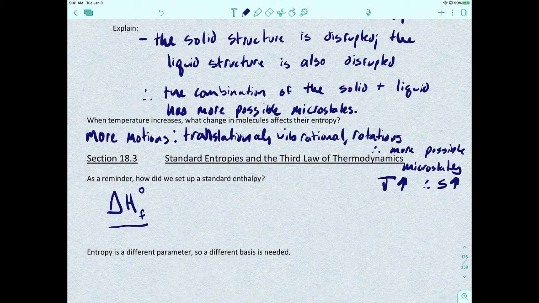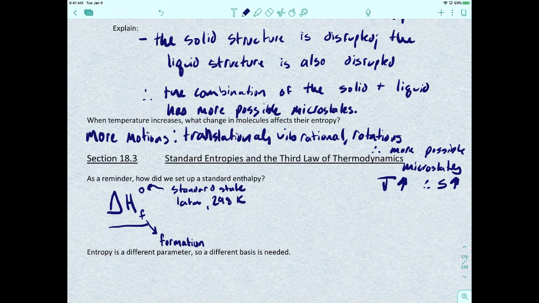Now the subscript, that f, stands for formation. And the superscript, that bubble, which indicates the knot, indicates standard state. So that means we're looking at 1 atmosphere and 298 K. Okay.